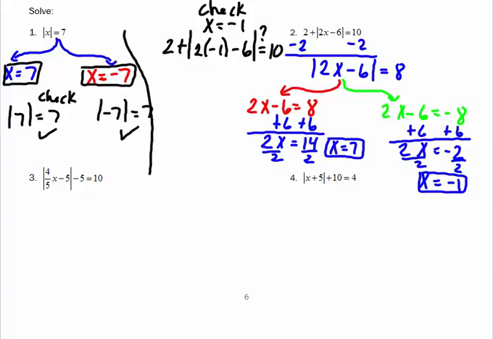So we end up with 2 plus the absolute value of 2 times negative 1 is negative 2, minus 6 is negative 8. Close the absolute value, equaling 10. Does it work? Yes. We have the absolute value of negative 8 is positive 8, and 2 plus 8 is 10. So I'll let you check x equaling 7, but it should check out as well.